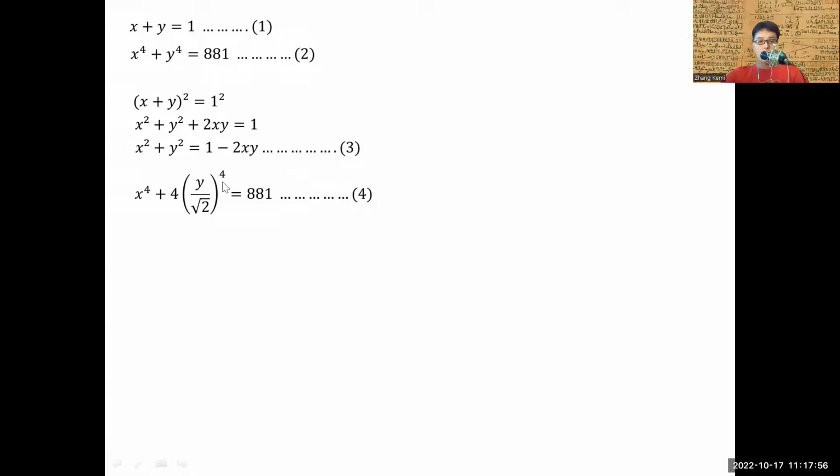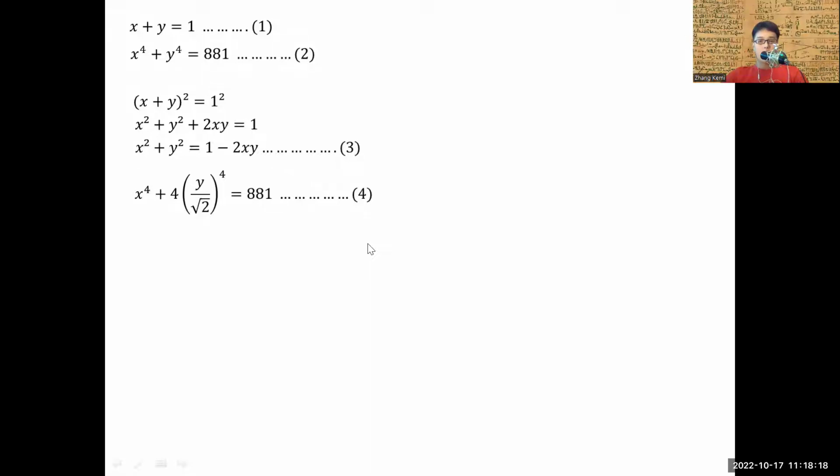Because root 2 to the power of 4 gives 4, and the 4s cancel out, it yields back the same y to the power of 4. 881 I put here. So now I have transformed equation 1 and equation 2 into equation 3 and equation 4.